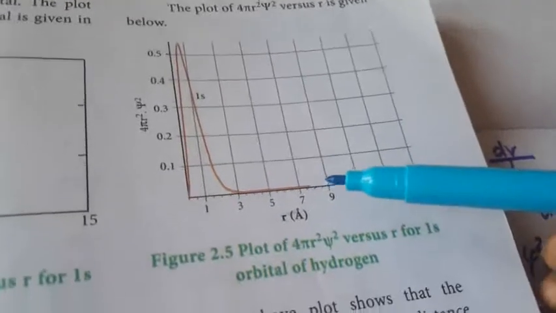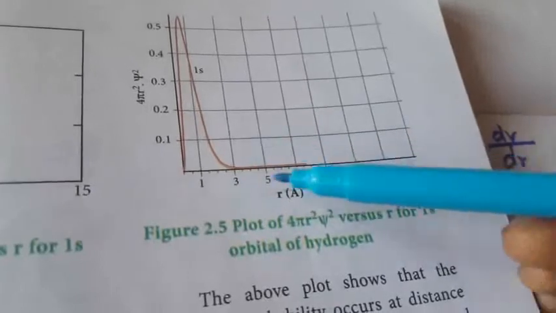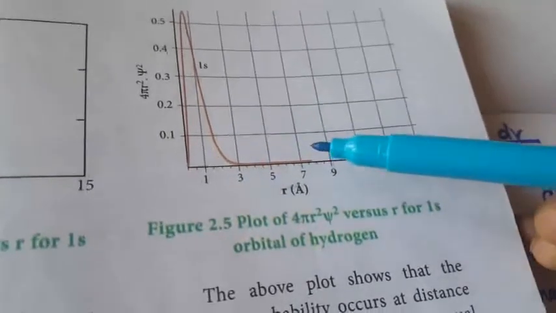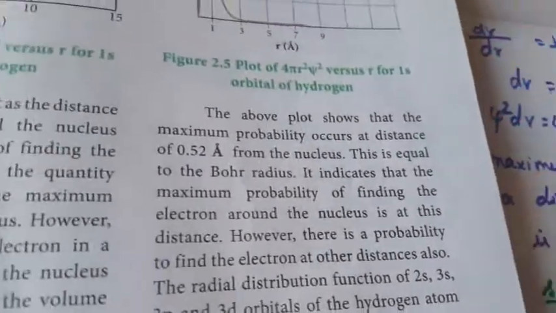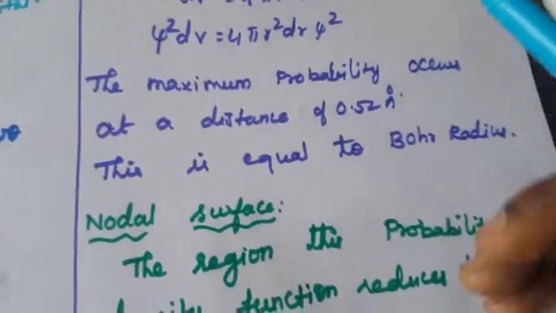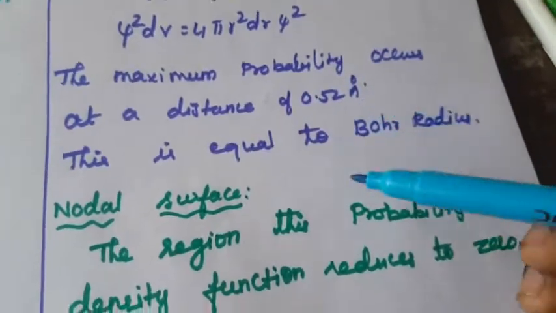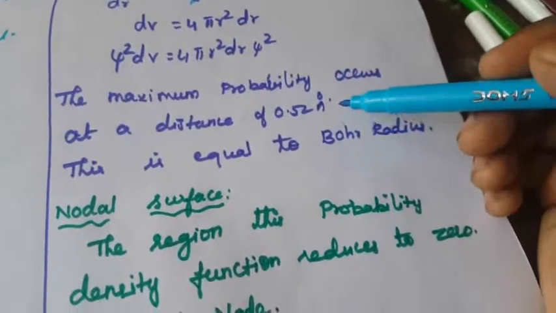What is the reason? The electron density will be 0 in that region of the graph. From this we can understand that the maximum probability occurs at a distance of 0.052 nanometers, which is equal to the Bohr radius. The Bohr radius of hydrogen is 0.52 angstrom.